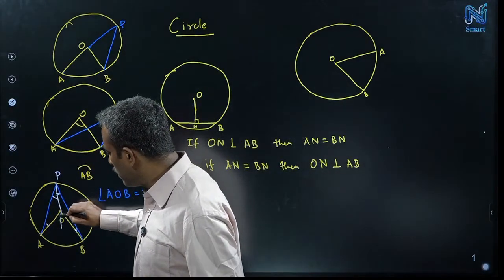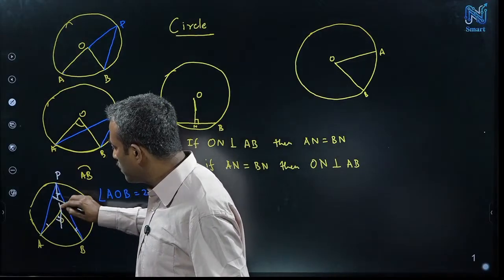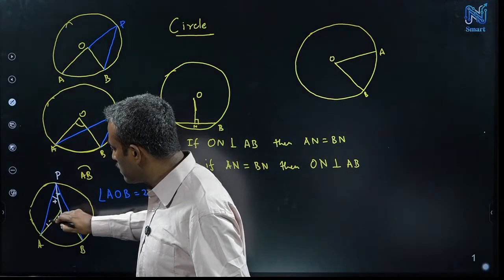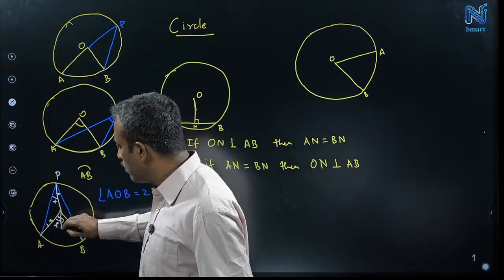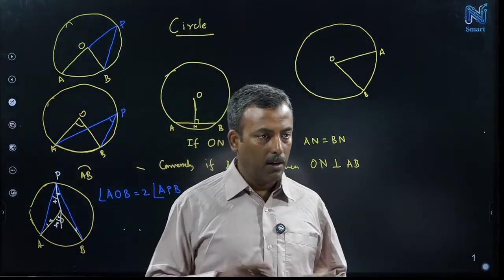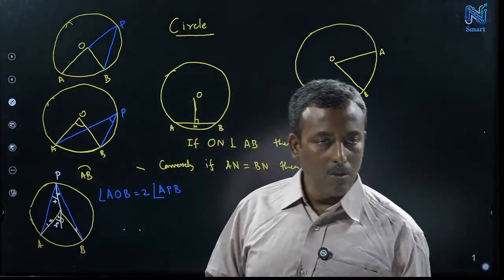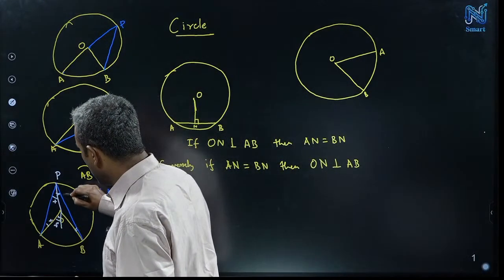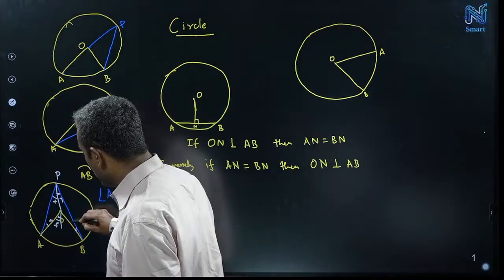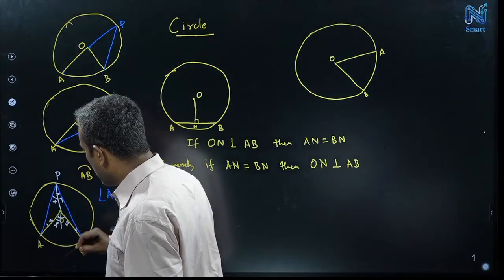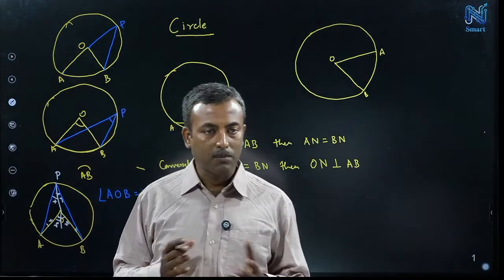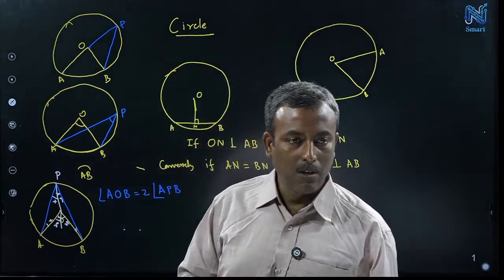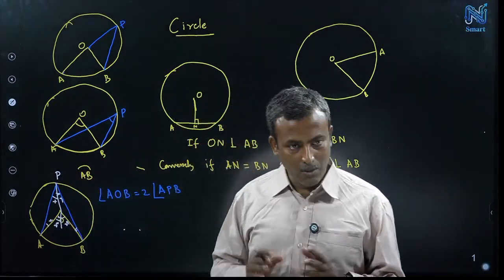Now this angle is just twice this. Say this is x, this is 2x. You know the exterior angle is the sum of the two opposite interior angles. Similarly, this is y, this is y, then this is 2y. So this is twice x plus y, and the angle subtended at the circumference is x plus y.